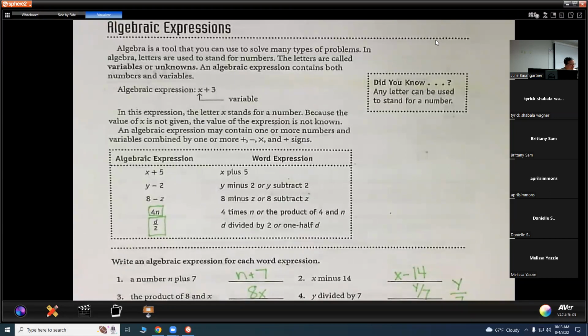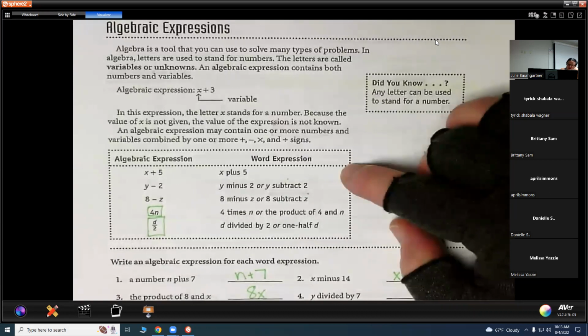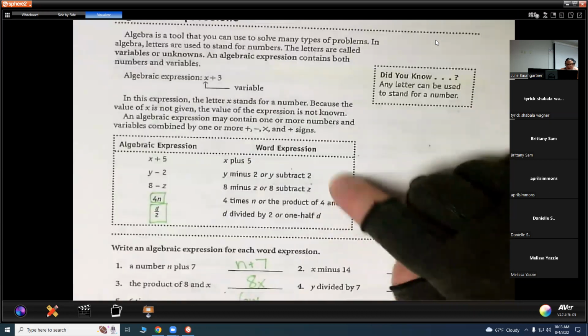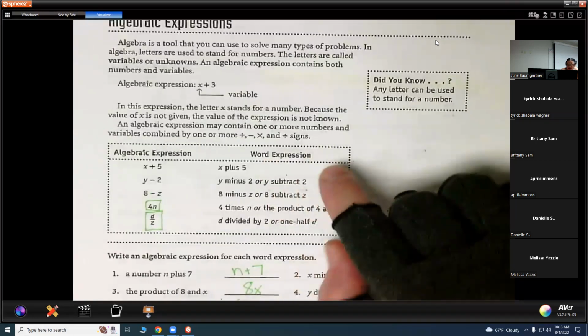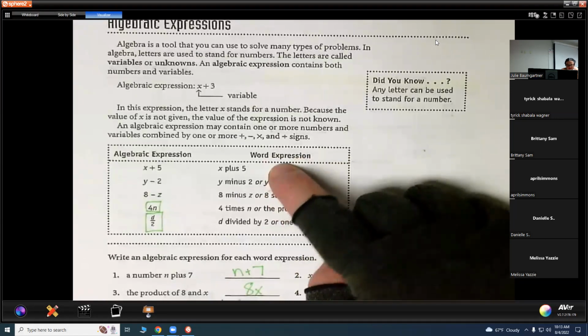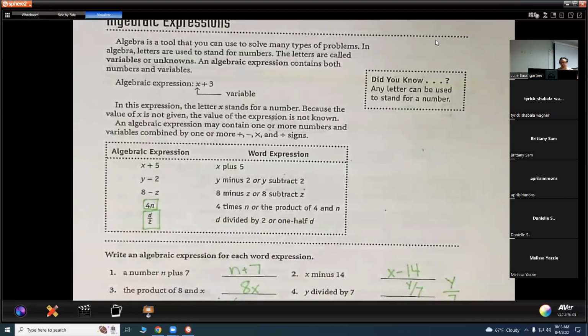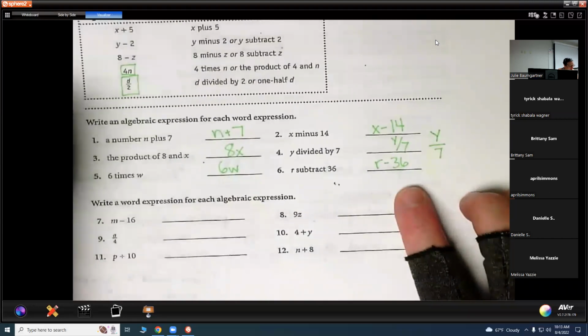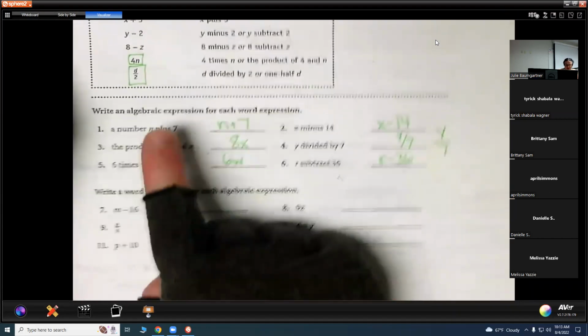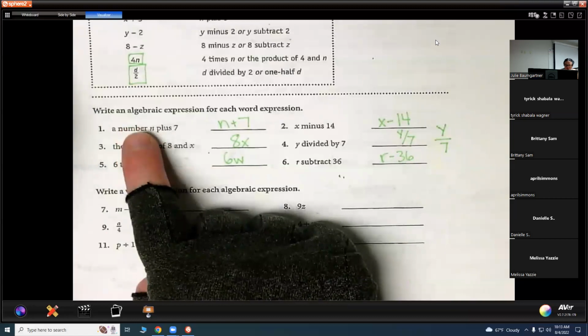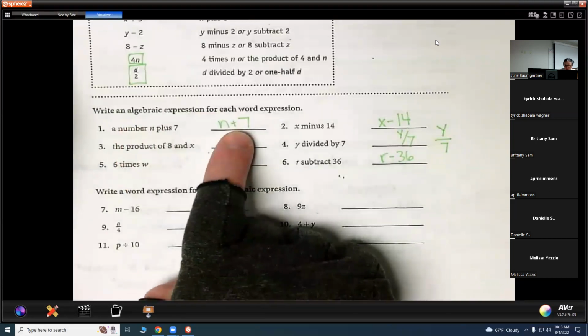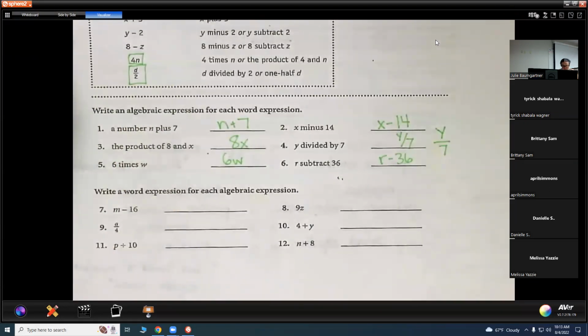Definitely one of the skills that you will be tested on in the GED is being able to interpret these word expressions into algebraic expressions and equations that you can solve. So we practiced that. I think everyone's hopefully once again feeling good about translating our word expressions into algebraic expressions.